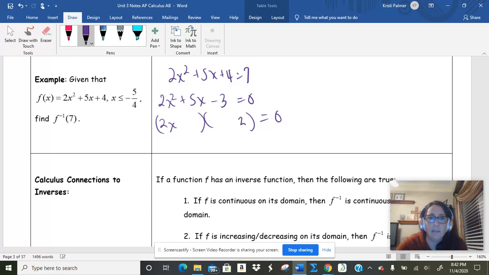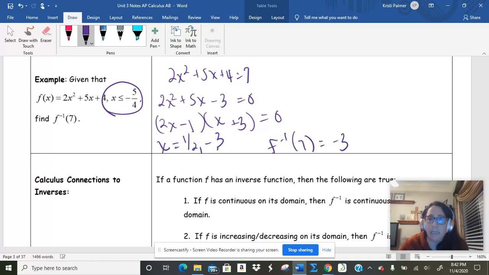Okay, I can see that these two would give me a 6, and then these would give me a -1, and that would give me a 5, and they multiply to -3. But you do it how you do it, okay? So here I can see that x could be 1/2 or -3, but they told me x has to be less than or equal to -5/2. So f inverse of 7 can only be equal to -3.